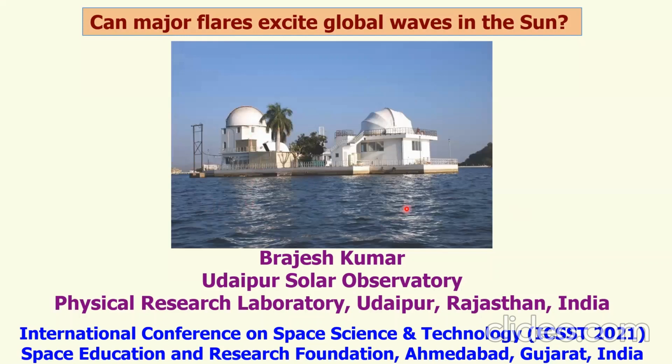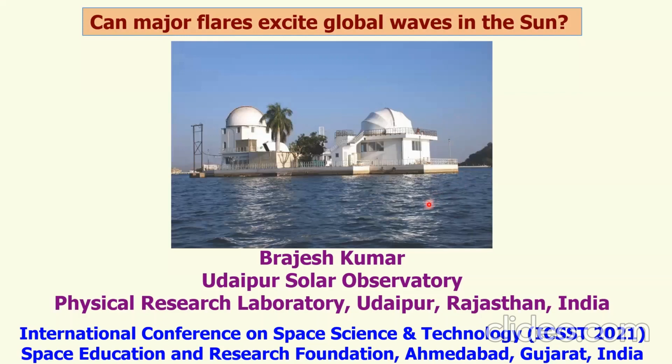The large water body around this island reduces the ground heating and makes it possible to image the sun with sharp and focused images, because when the ground heating is reduced, there is less turbulence in the air, and that helps in taking good solar images.